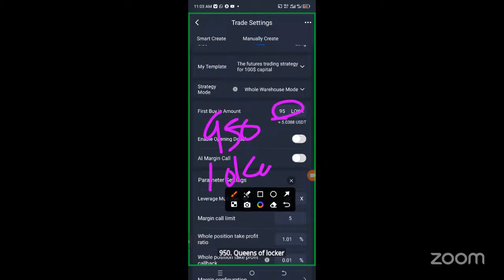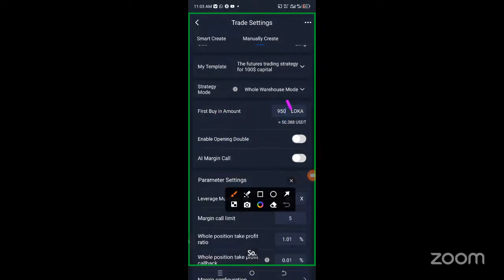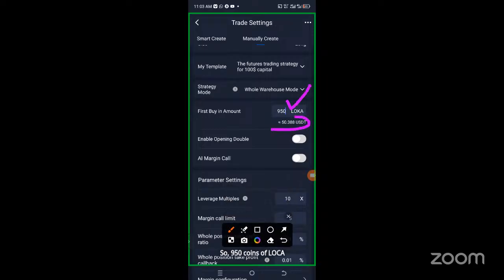That means here we shall put 950. So 950 coins of local are equal to $50.